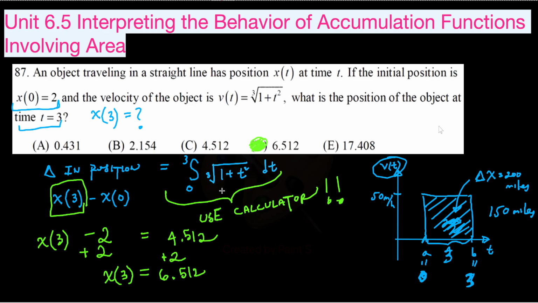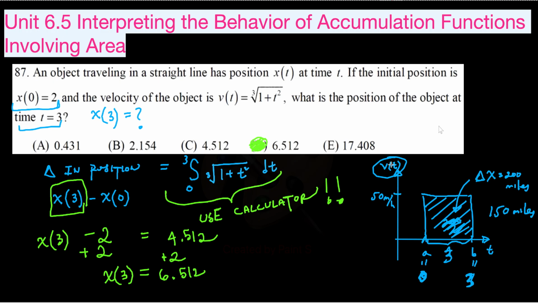And I need to remember that the change in position is the integral of the rate of change. The accumulation is the integral of the rate of change. If it's a drone moving in altitude and you want to find out how much the altitude has changed, you can just integrate from one time to the next.